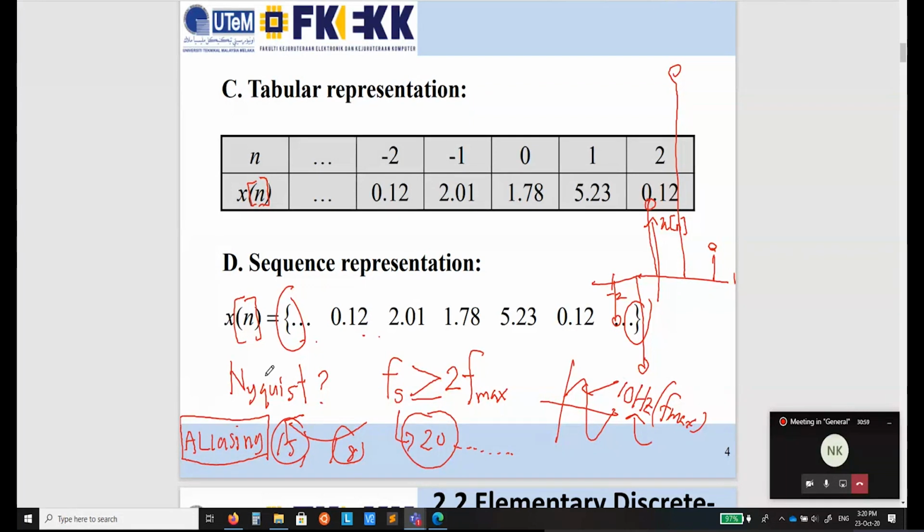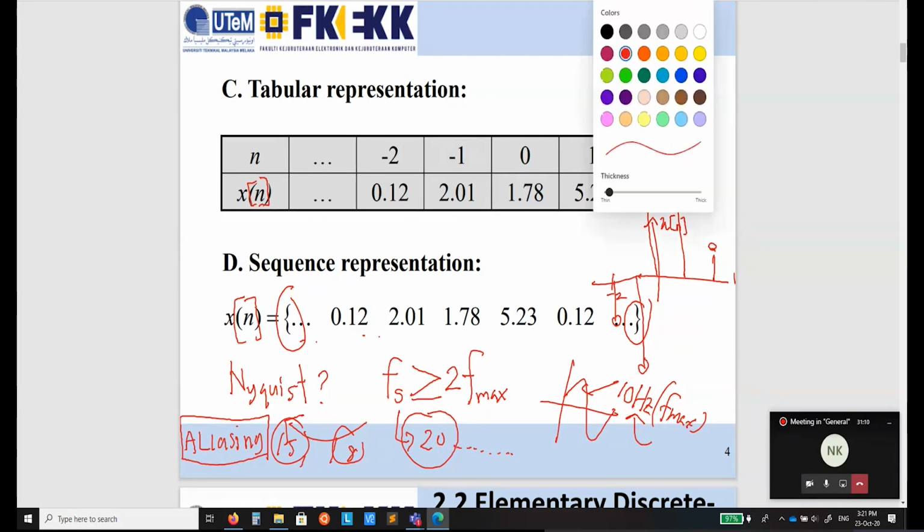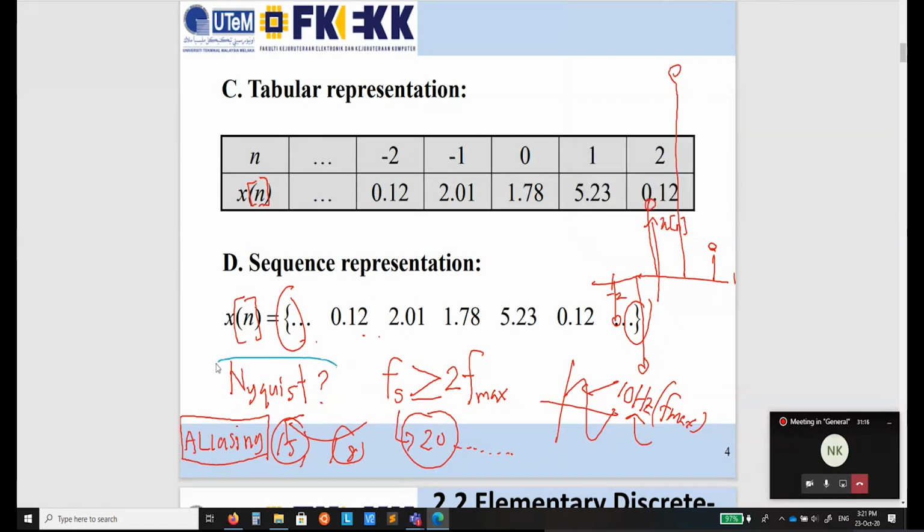So that's the way it happens in the signal field. This is actually very well known, the Nyquist theorem. Every single person dealing with signals knows this, just a code.